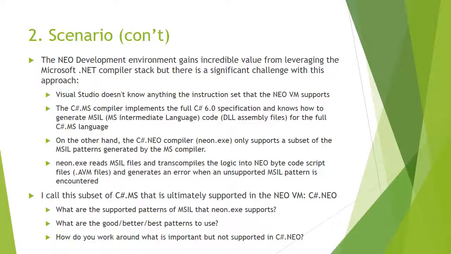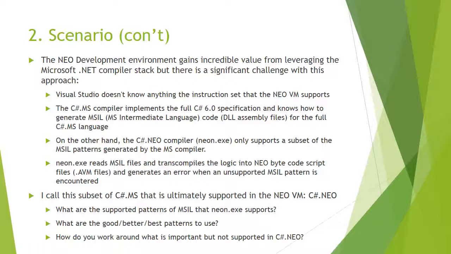So I call this subset of the C#.ms that will ultimately be supported in the Neo VM C#.neo. And further on, we're going to describe something even more tightly, and we're going to call that C#.npc.